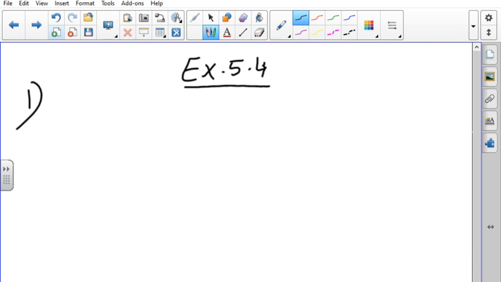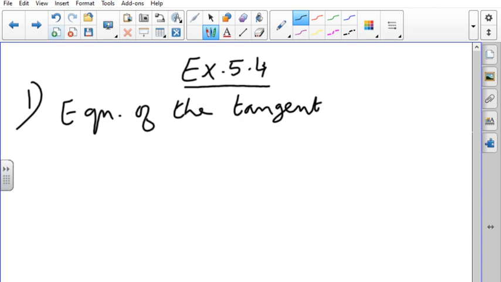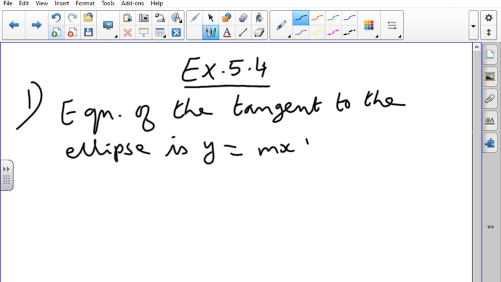So the equation of the tangent to the ellipse is y is equal to mx plus or minus root of a square m square plus b square.